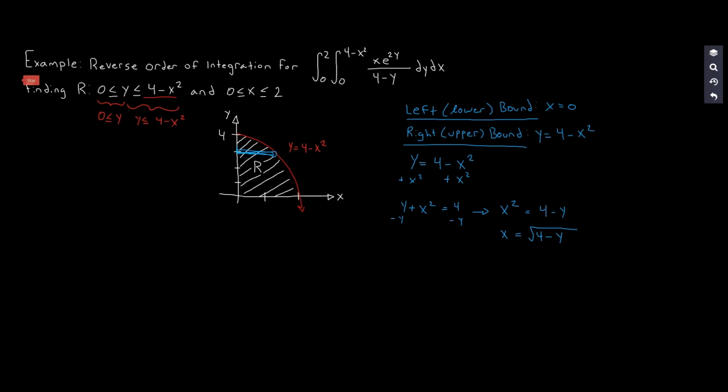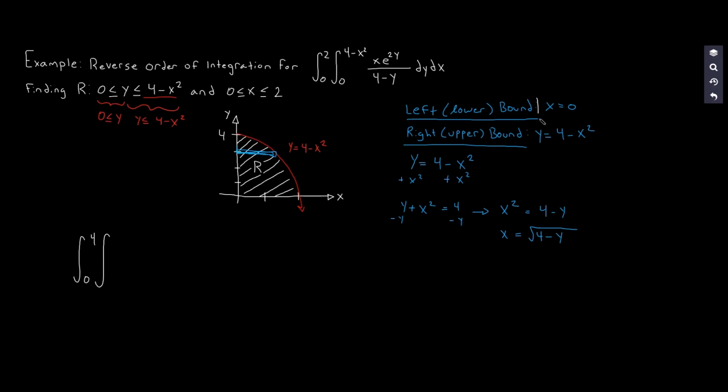So we'll do this like this. The dy goes from 0 to 4, right? dy goes from 0 to 4. But next up, we have this.